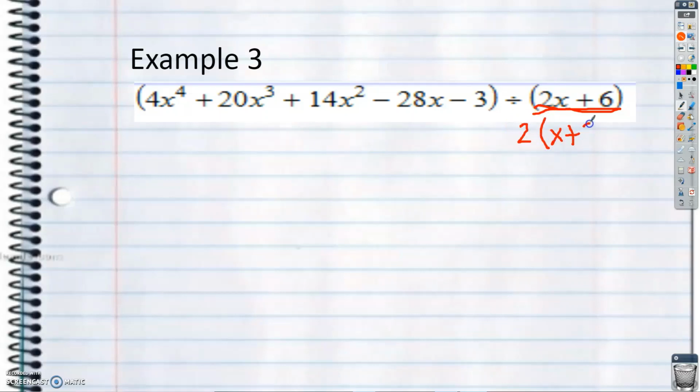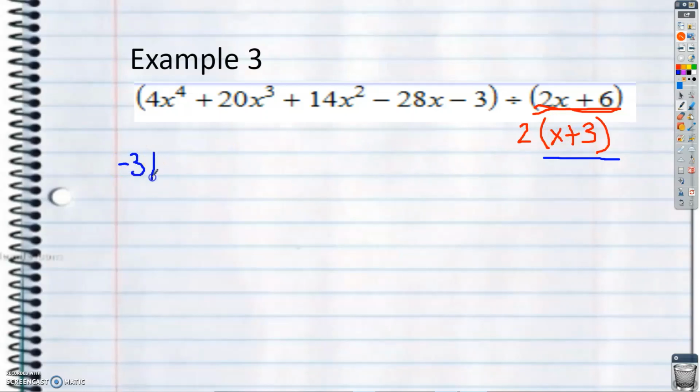So that's x plus 3 on the inside, because if I multiply it back out, 2 times x is 2x, 2 times 3 is 6. So now that this is in the correct form, because x is by itself, I can use synthetic division.